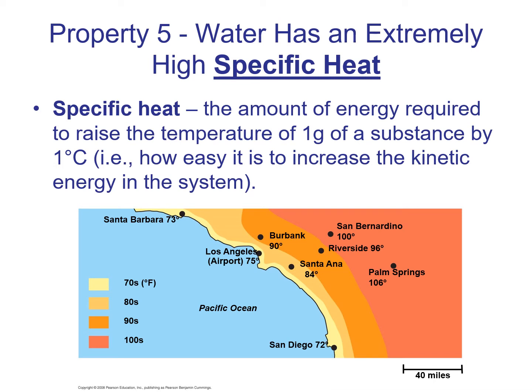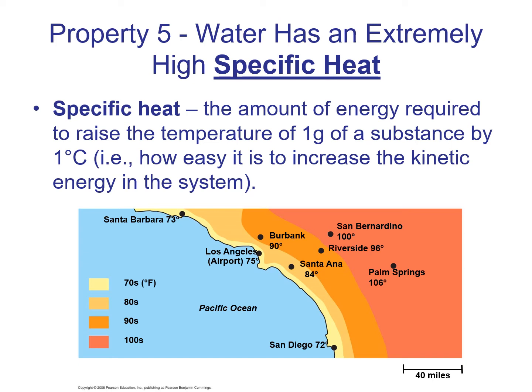So once again, temperature is just a measure of the average kinetic energy or average energy of movement of a substance. When you stick a thermometer into a beaker of water, what you're actually measuring is how often water molecules hit the thermometer and how much energy they hit it with, how much momentum they have, essentially.